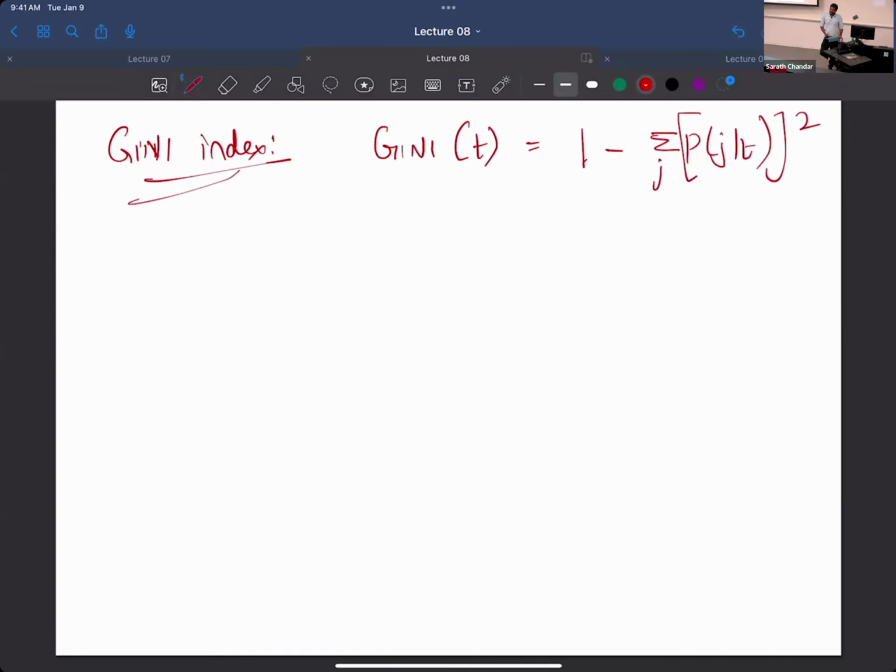Okay, so that's the metric. Let's do some examples so that you get a feel of how this looks like, right? So let's take the first example, which is a good split, and we'll do another example.